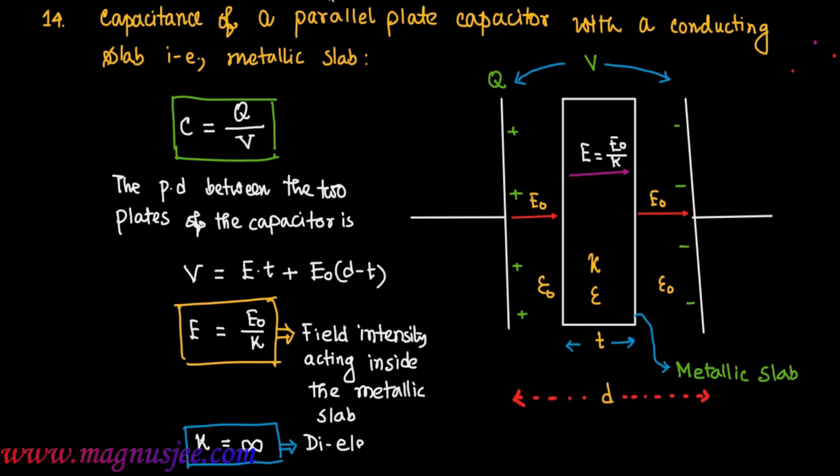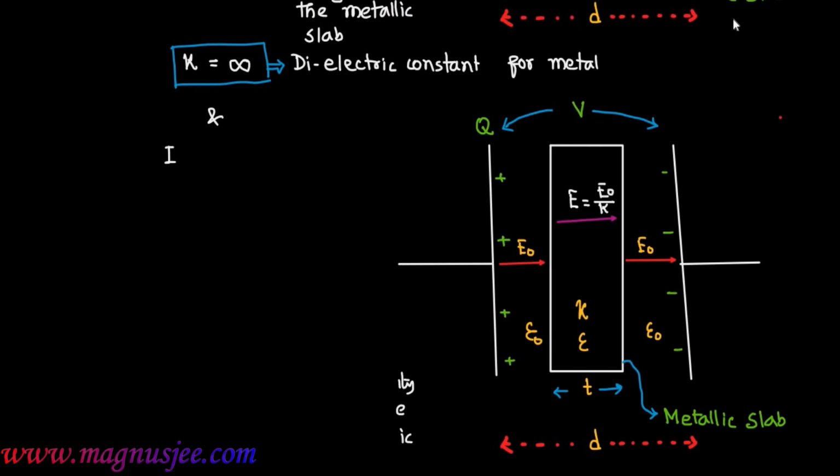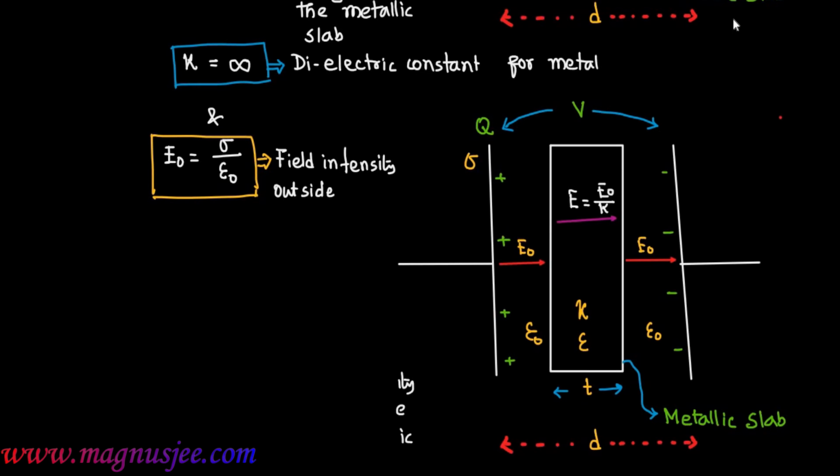Therefore, E0 equals sigma by epsilon 0, where sigma is the surface charge density of the plate of the parallel plate capacitor. That means E0 equals sigma by epsilon 0 is the field intensity outside the metallic slab, that is, the field intensity acting in vacuum between the two plates of the parallel plate capacitor.